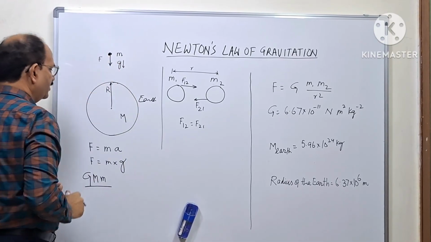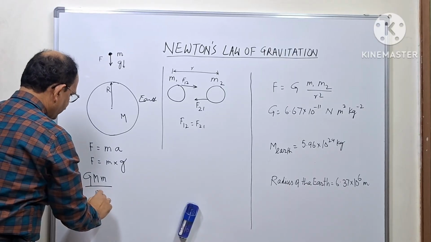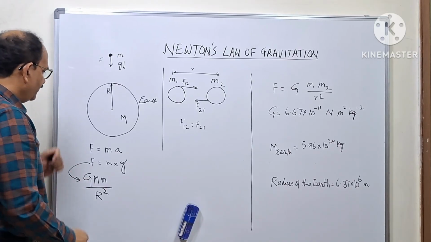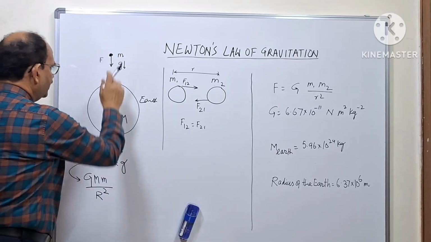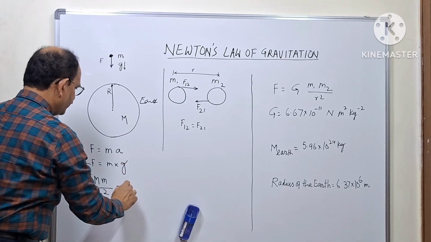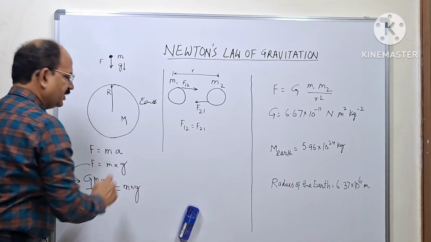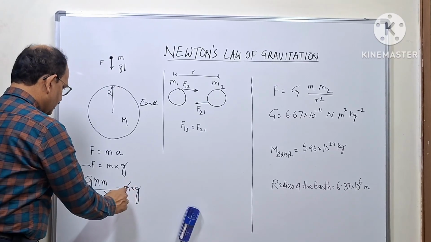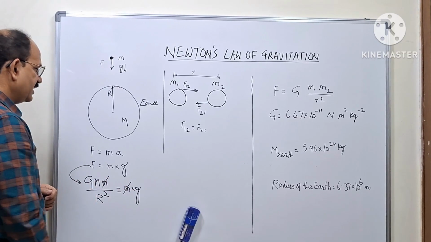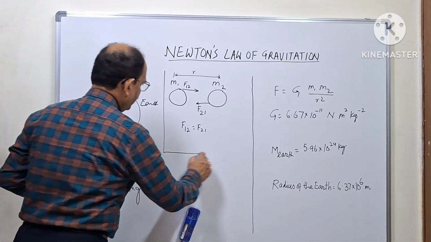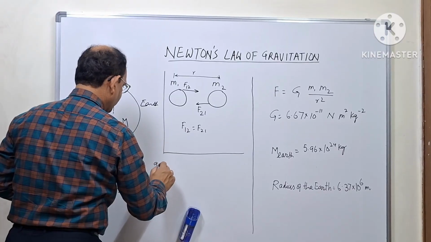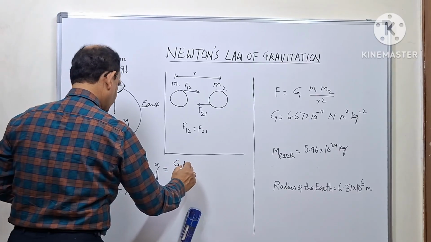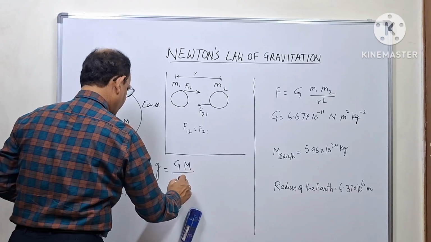This is the force of gravitation, and because of it, this acceleration g is created, and therefore this will be equal to small m into g. Now small m gets cancelled, and therefore the acceleration due to gravity g becomes equal to capital G into M divided by r square.